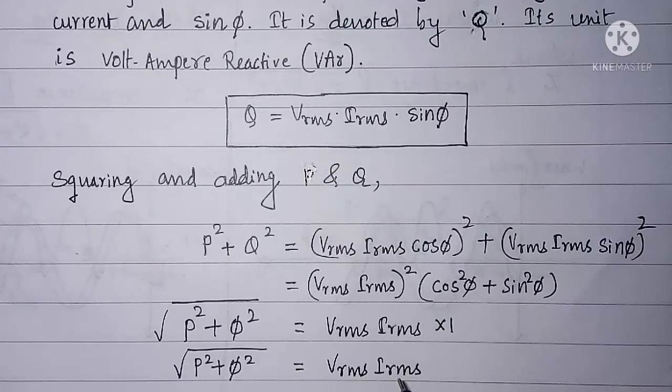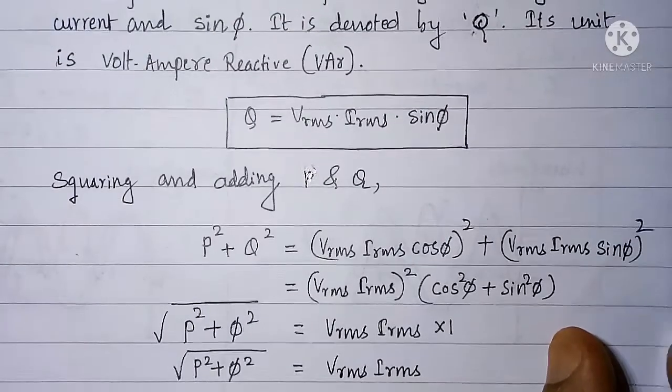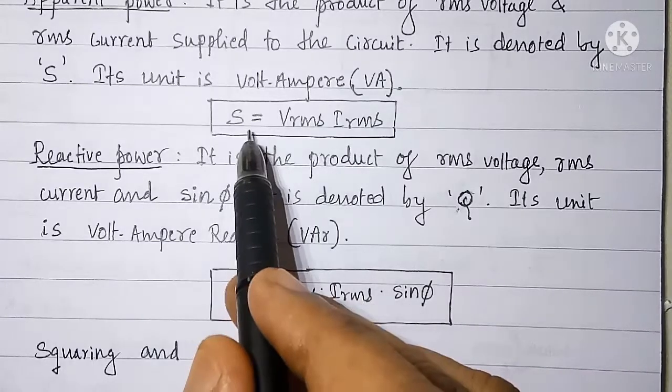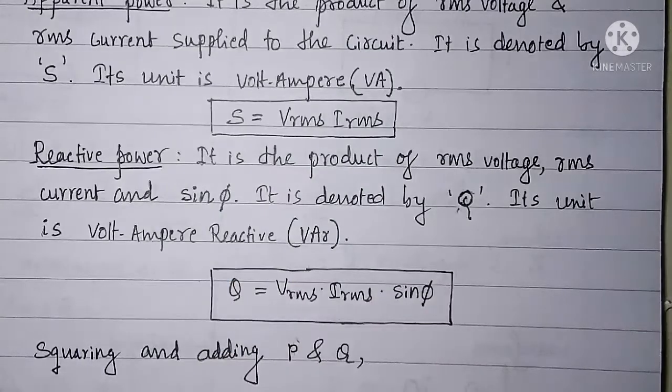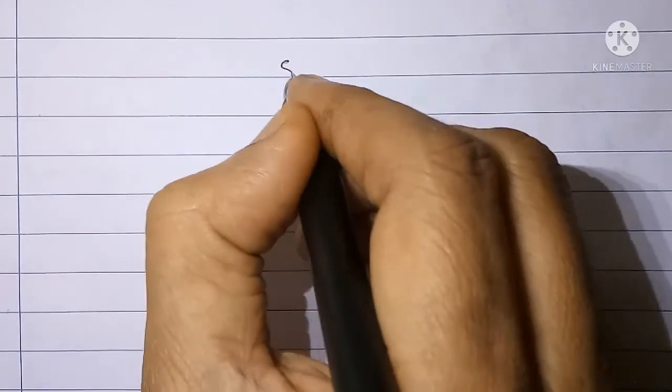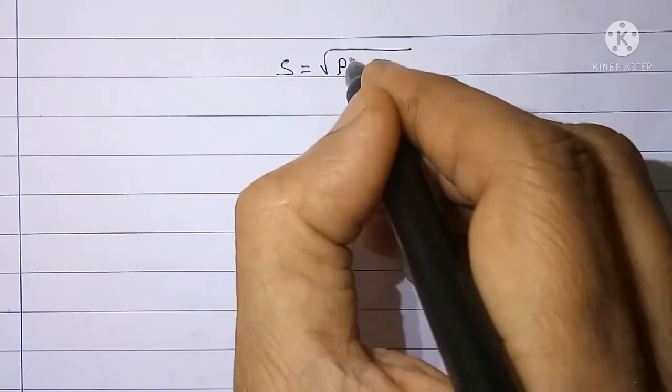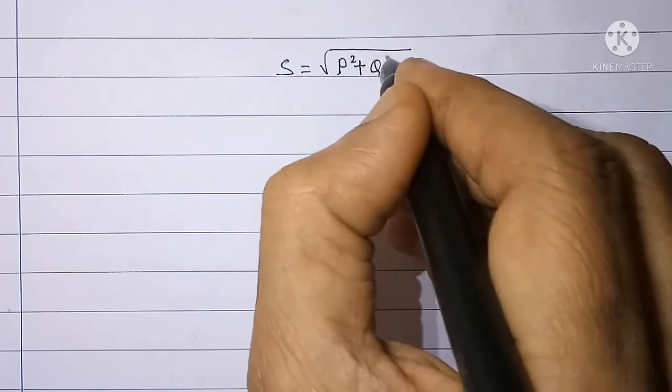And we know that Vrms into Irms is apparent power S. Therefore, we can write S equal to under root P square plus Q square.